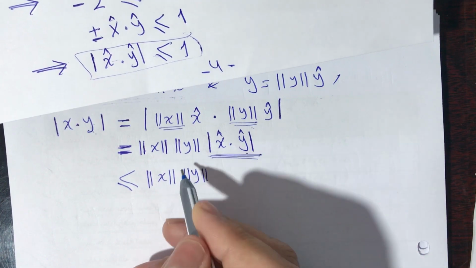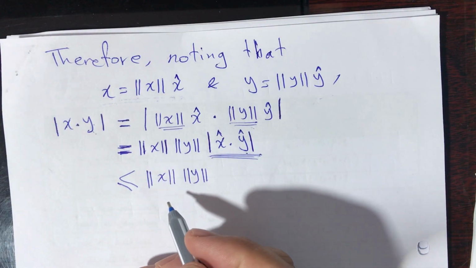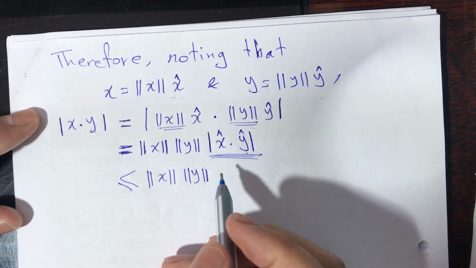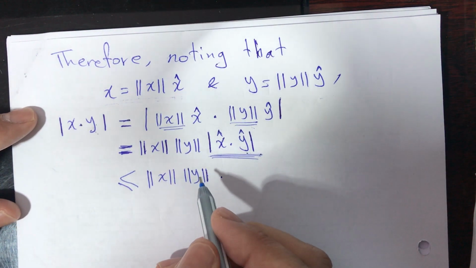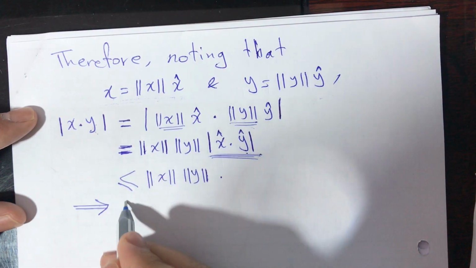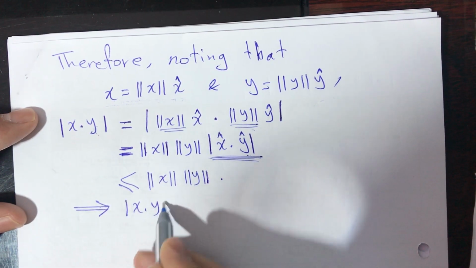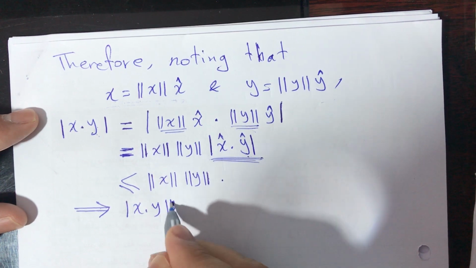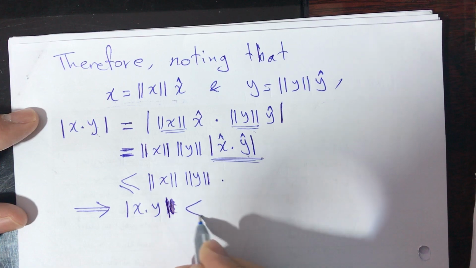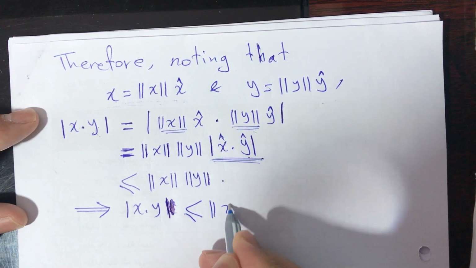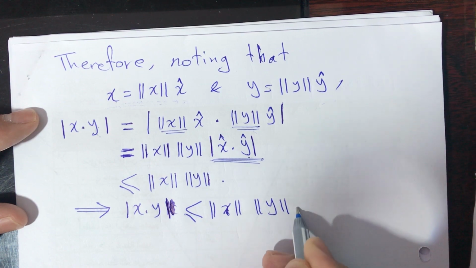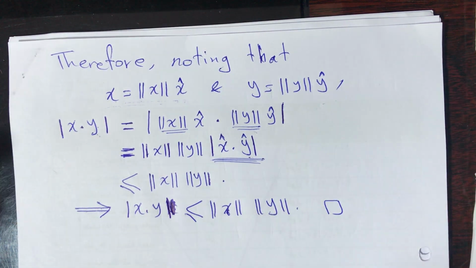Now we finished the proof, because we get the absolute value of x dot y less than or equal to norm x norm y.